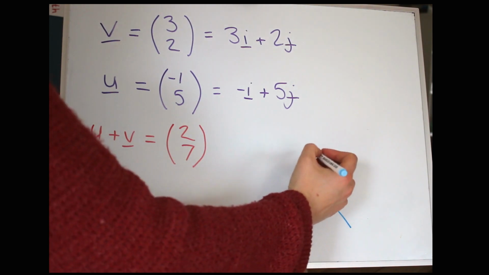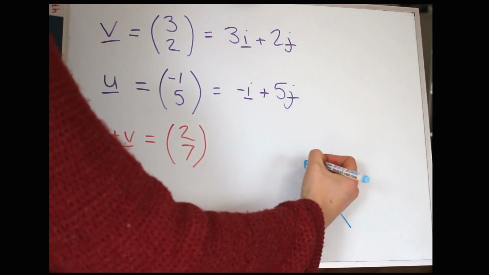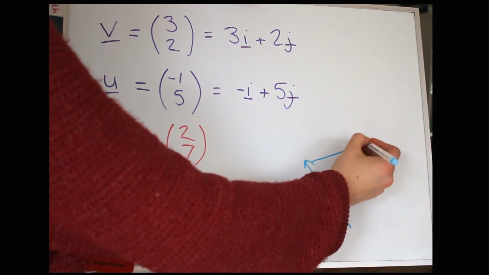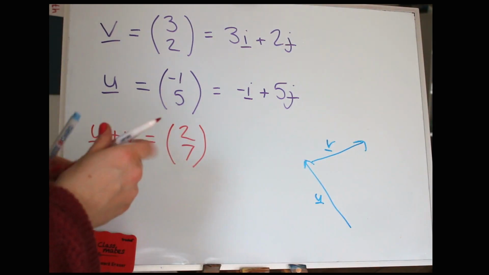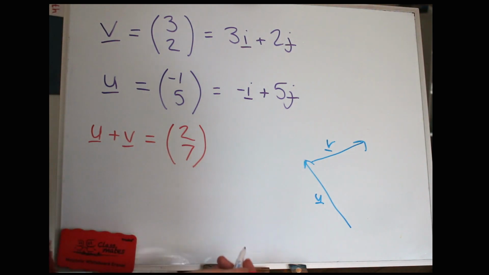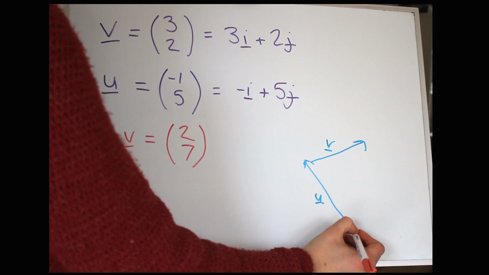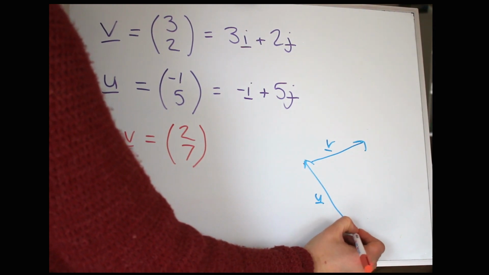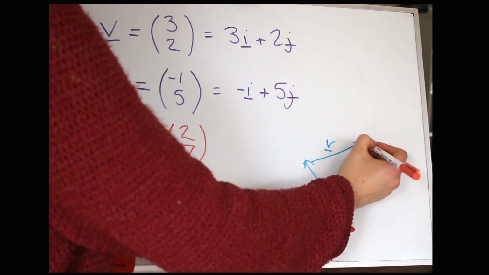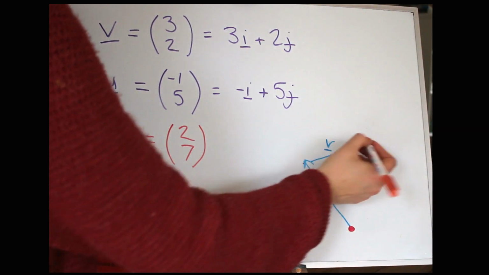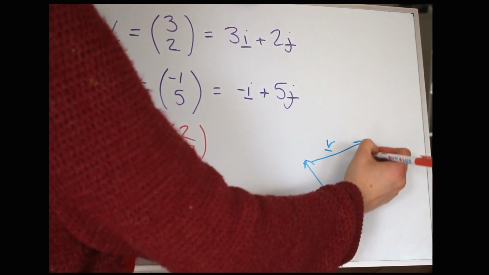So v is 3 to the right and 2 up. So representing u plus v, if you have u and then v following on from each other, then the resultant vector, we call it, is the alternate route from the start to the finish, so that direct route there.